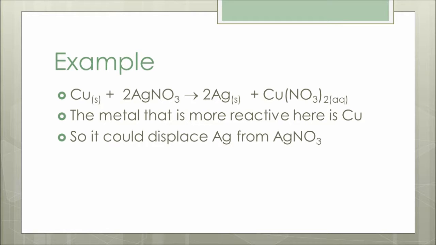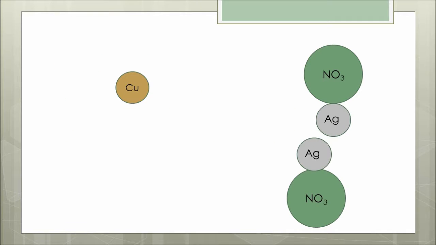This reaction can be used to identify which elements are more reactive than other elements, and we can make a series called the activity series or the reactivity series and arrange the elements in increasing or decreasing order of their chemical reactivity.